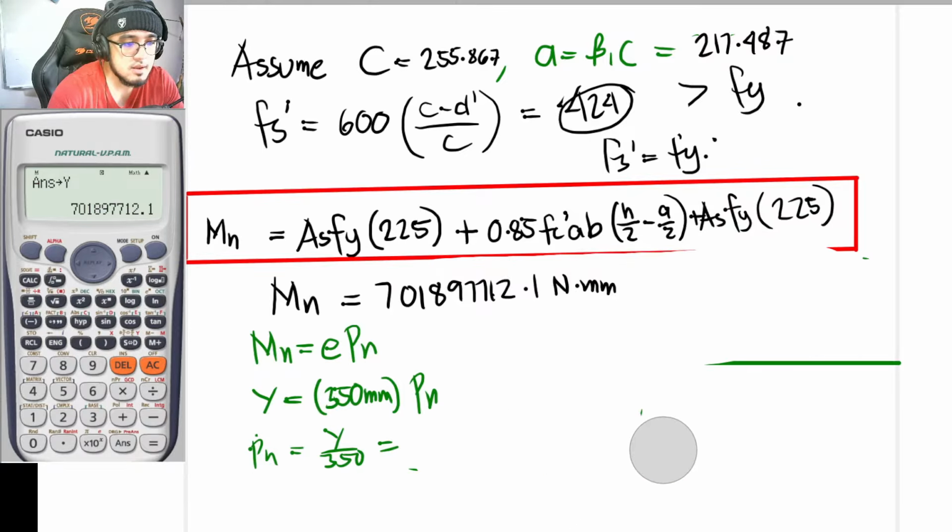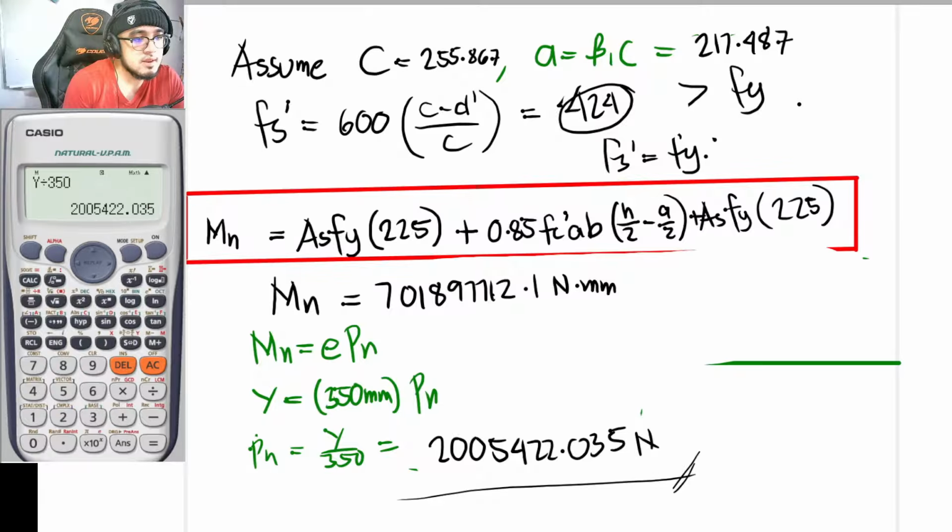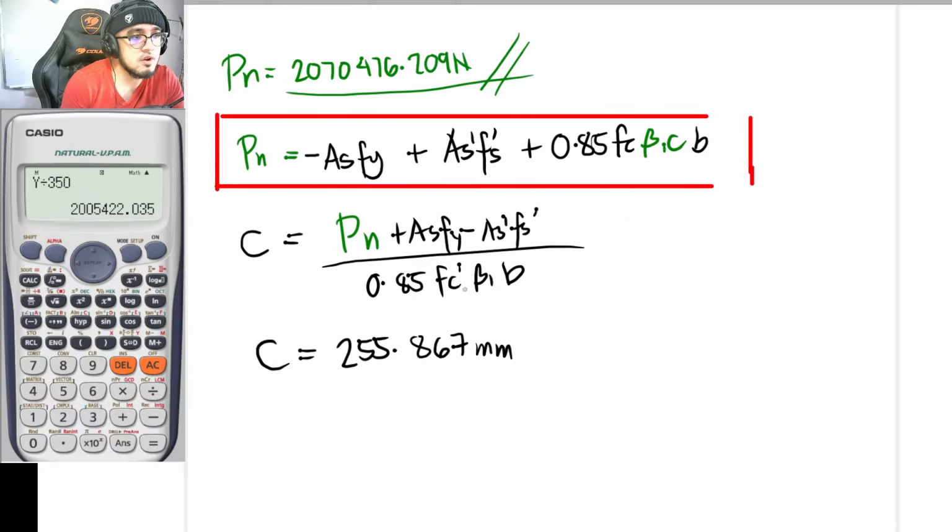So with that, our new value for Pn is now equal to alpha Y divided by 350. So that is 2005422.035 newtons.